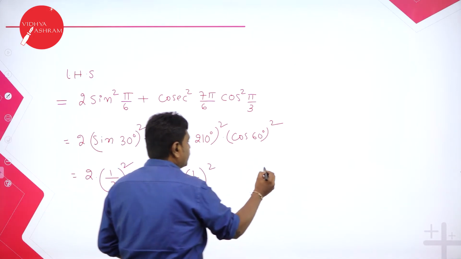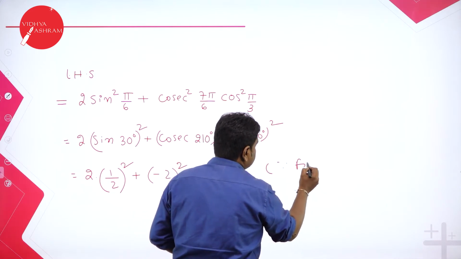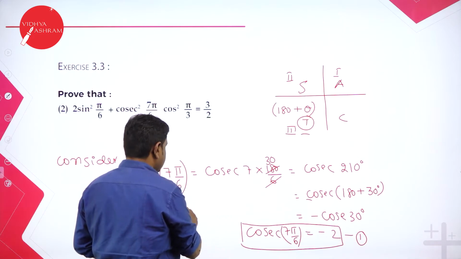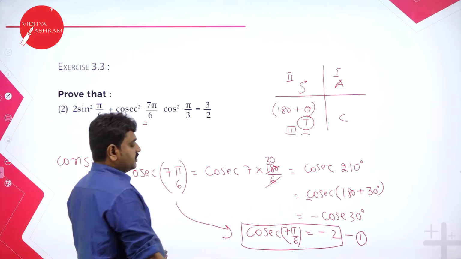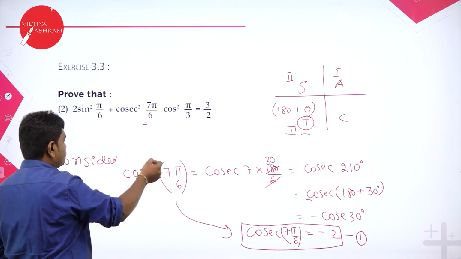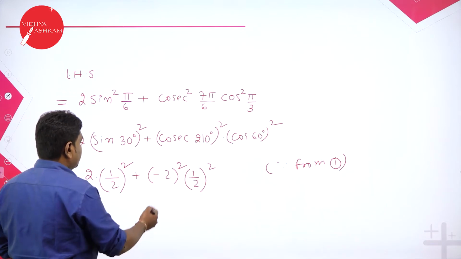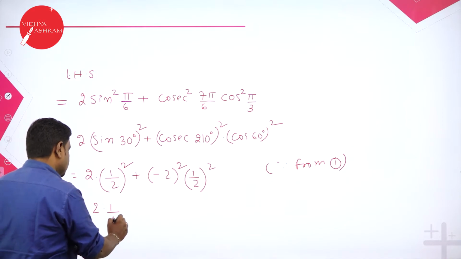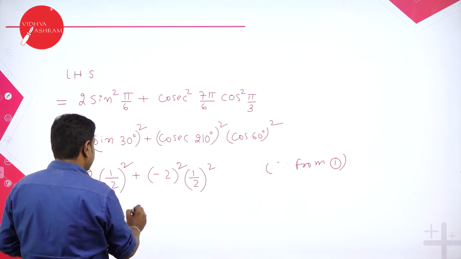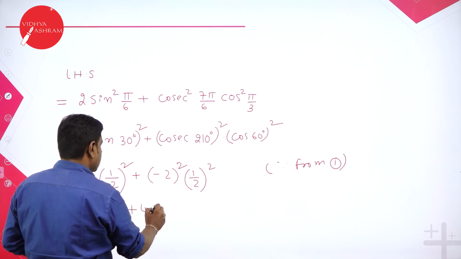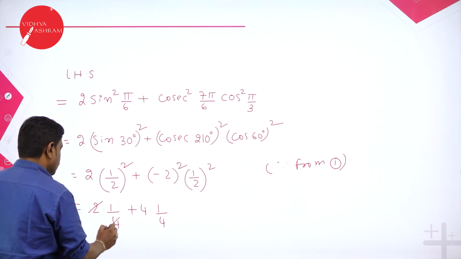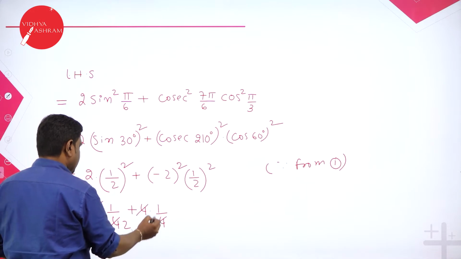So equation 1 gives you cosecant 7 pi by 6 as minus 2. I have substituted it in this place. Now coming to this, simplify. 2 into 1 by 2 whole square: 1 square is 1, 2 square is 4. Minus 2 the whole square is 4. 1 square is 1, 2 square is 4. 2 ones are 2, 2 fours are 8... the 4 cancels.